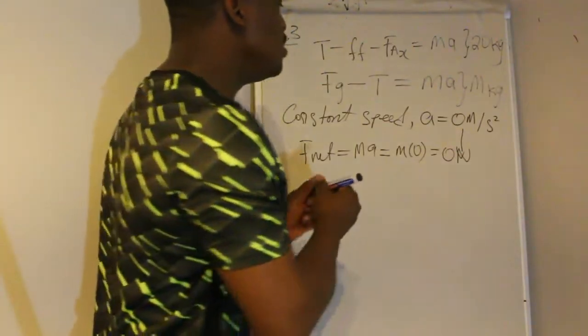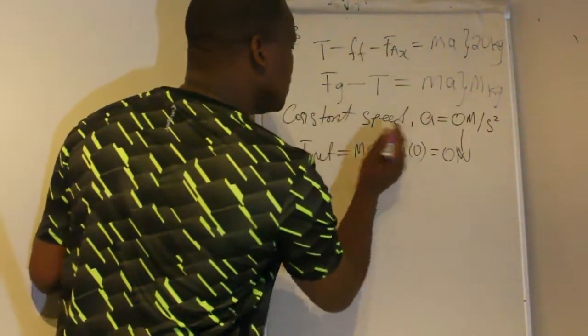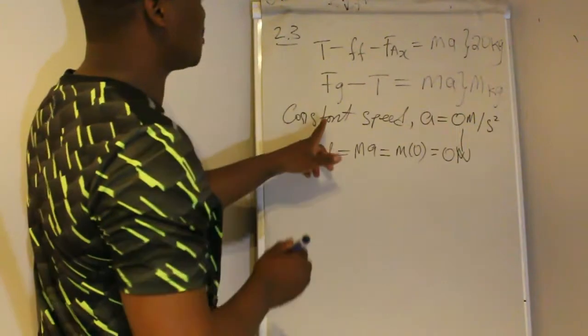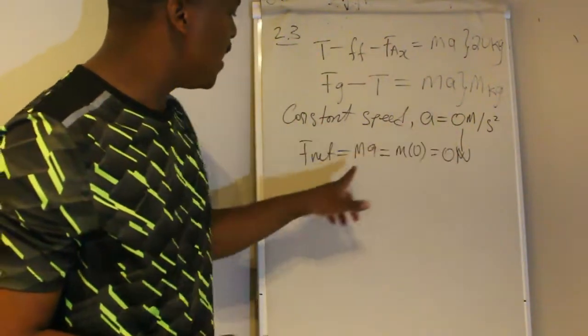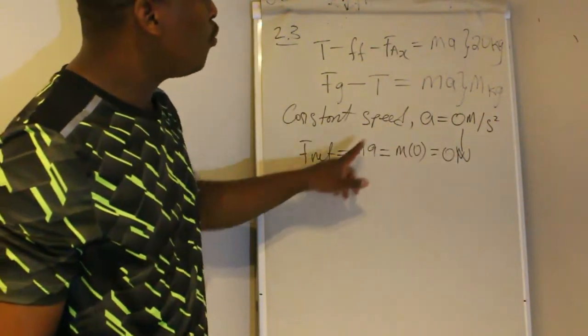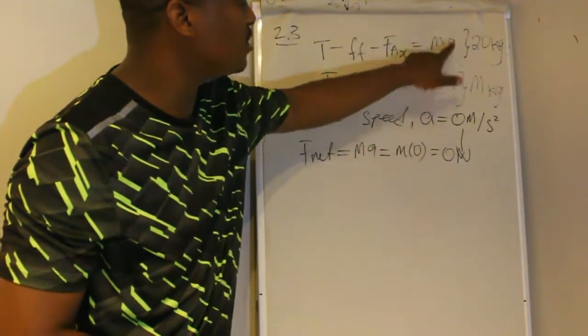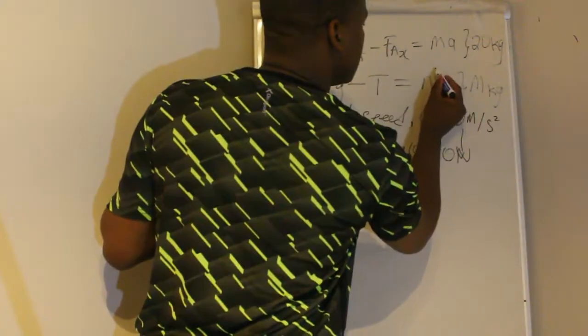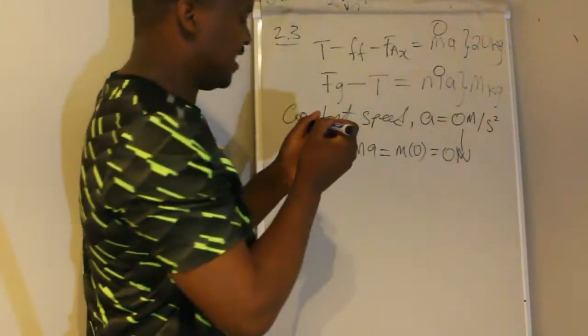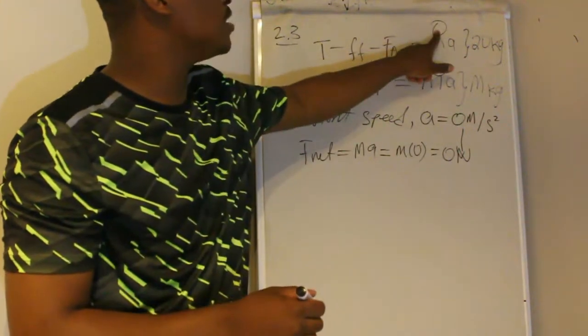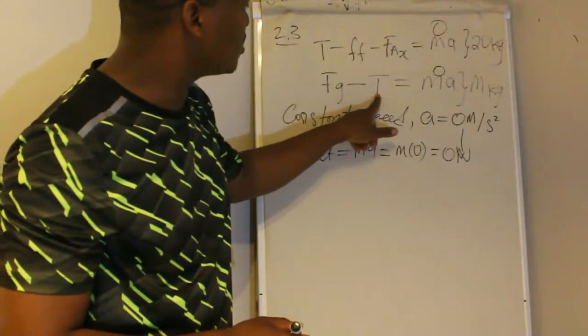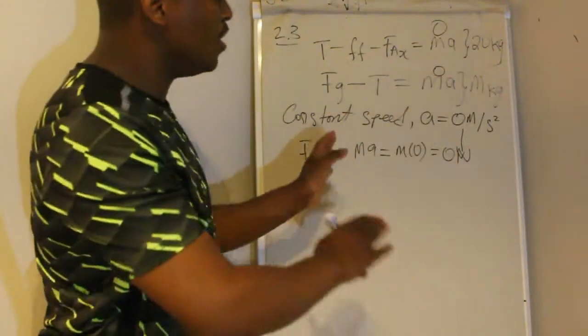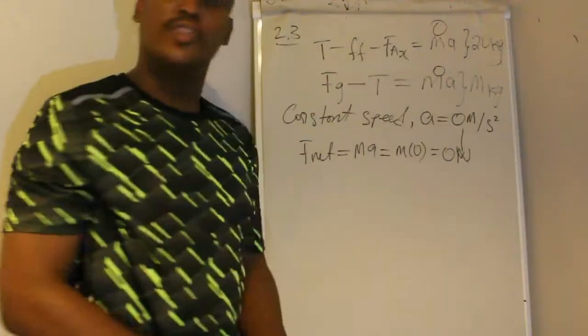So from constant speed, acceleration is 0, and the net force is 0, which means we have 0 in both of these positions. So the sum of these forces goes to 0, because the velocity is constant for the entire system.